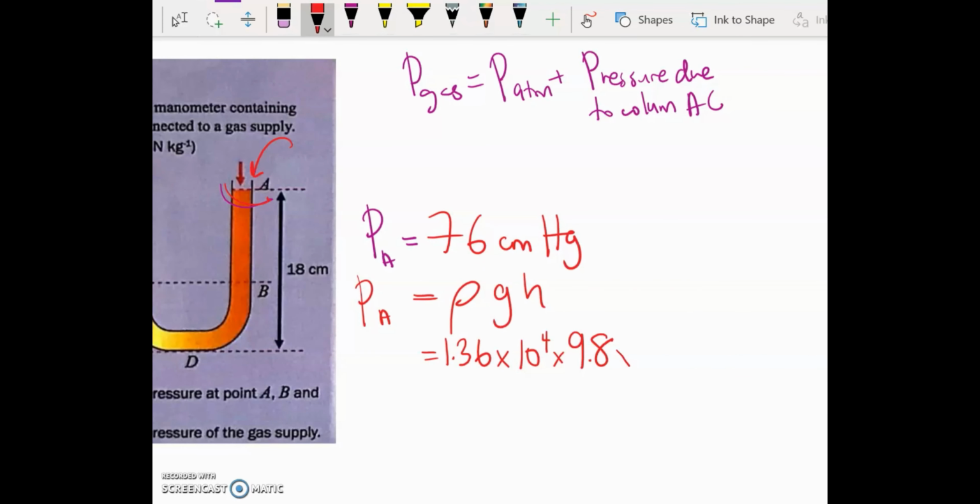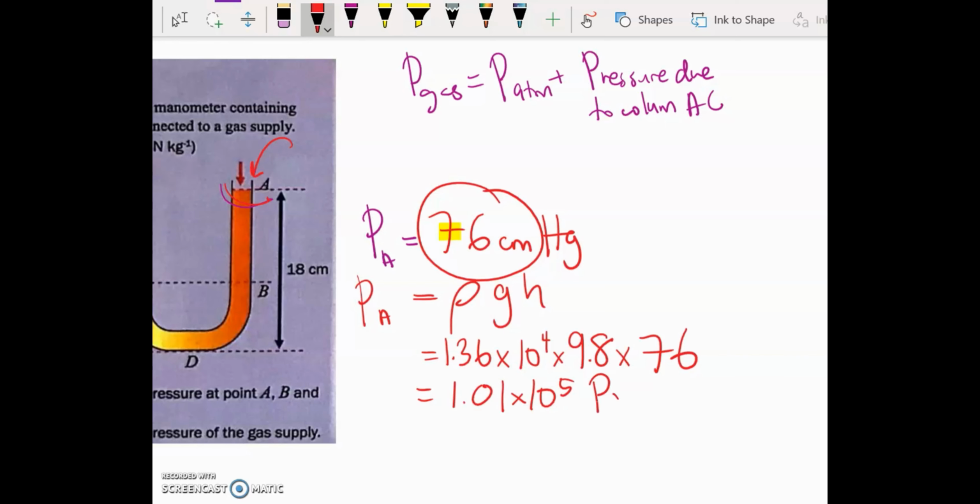And the height is 76 centimeter here. So the answer is 1.01 times 10 to the power of 5 Pascal.